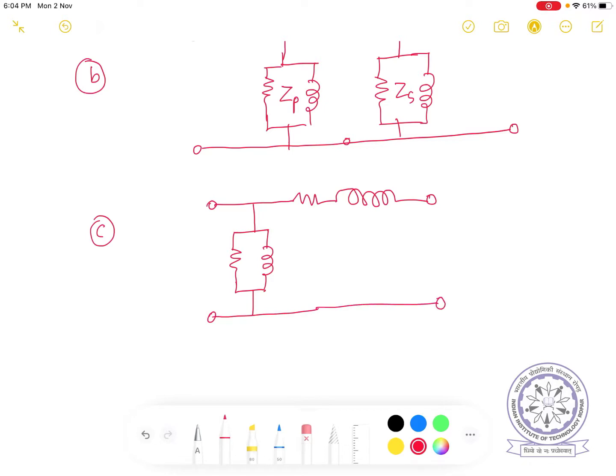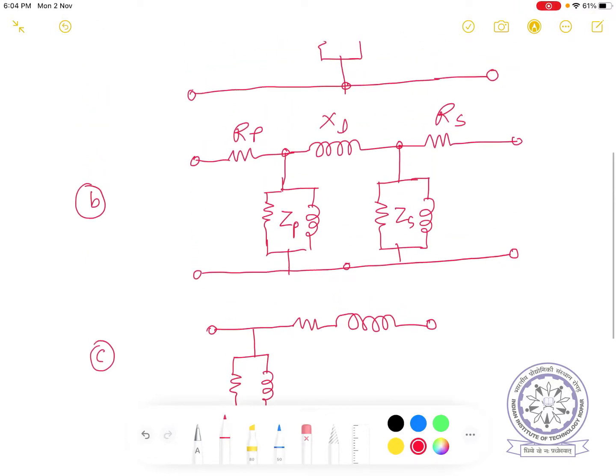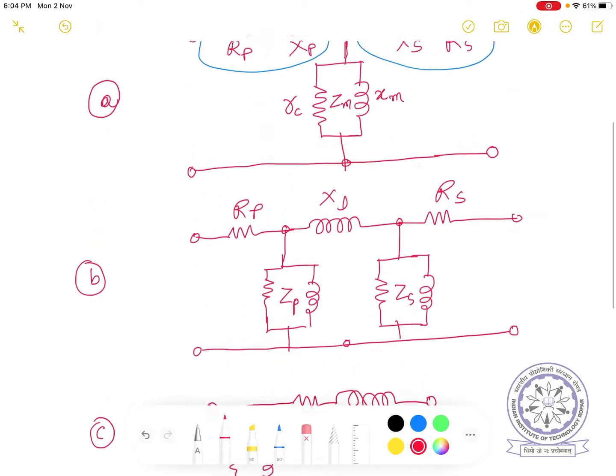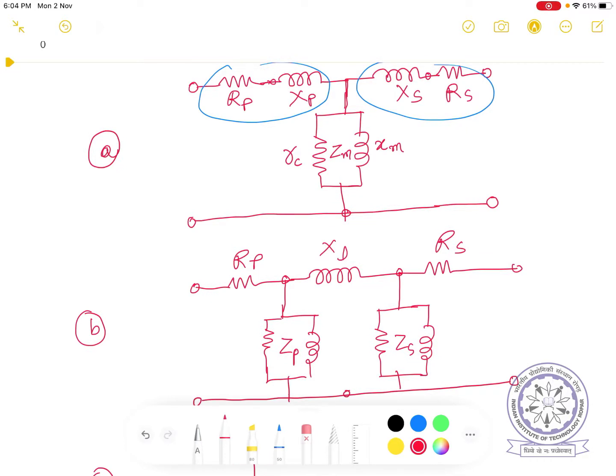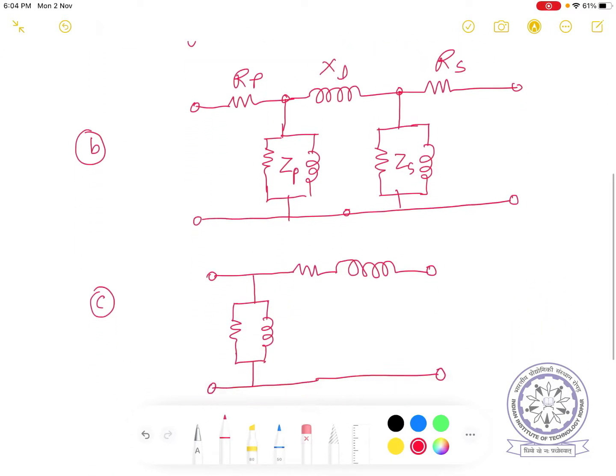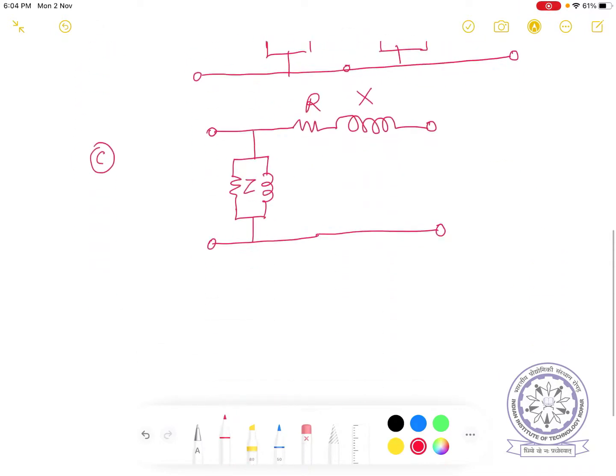The series branch resistance and leakage inductance have been clubbed into one. So this is R, X, and this is Z. Magnetization we can write Zm.